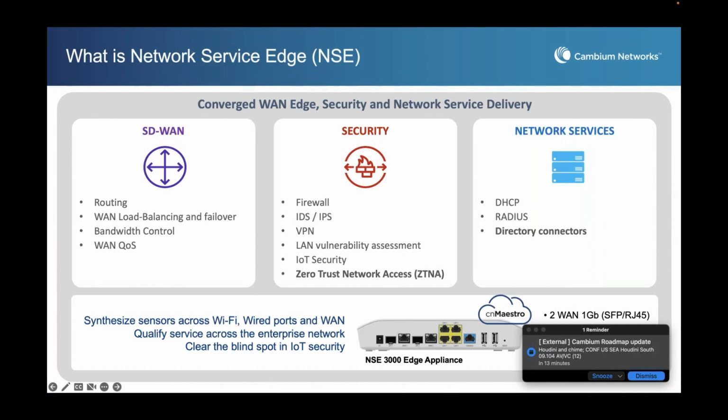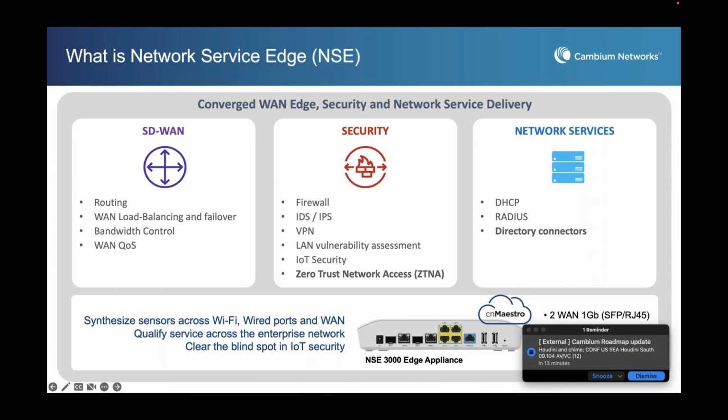And at the very bottom, you see the unit. Just to go over the form factor and the details. It's a wall mount or tabletop version. It's got two WAN ports, 1 Gbps, both copper and SFP ports. It's got 4 LAN ports, all 1 Gbps RJ45 ports.